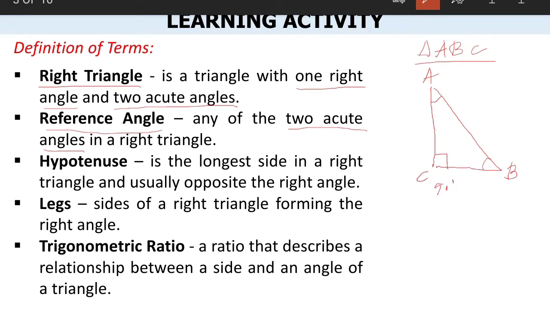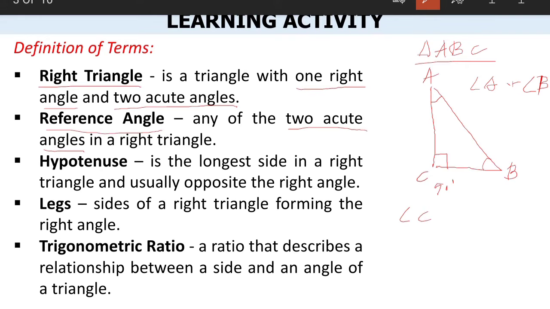It means angle C cannot be a reference angle because angle C is not an acute angle. So the reference angle can be angle A or angle B.